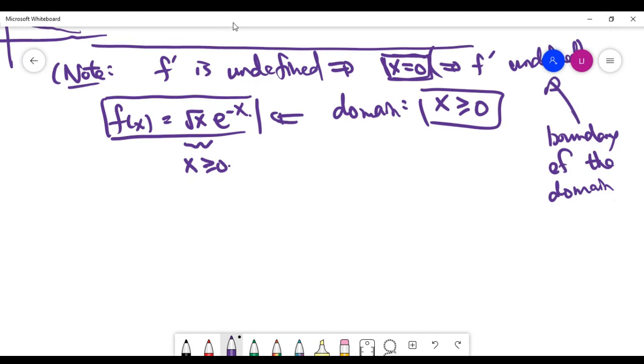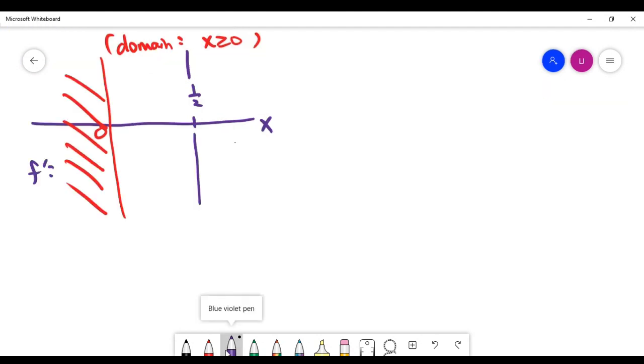So next we need to draw the sign table of f prime. We can look at the current sign table for f prime, and the red part is cancelled out because we don't have to look at those points which are not in the domain of x. Moreover, we have only one critical number as we noted before, which is 1 over 2, 0.5, and you need to do the sign table based on the two intervals here.